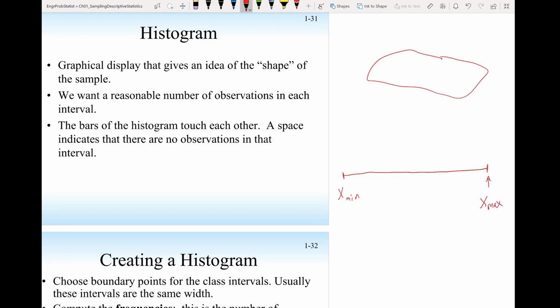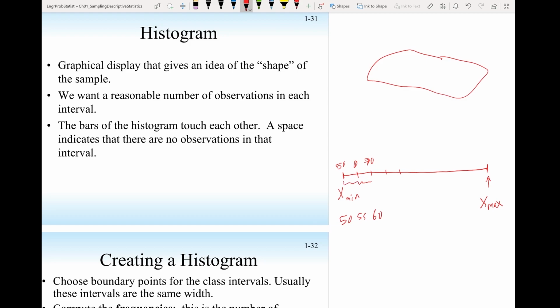Now, the next challenge is how do you divide this axis? Let's say the smallest data point is 50. Do I make this 60, 70, so each interval is worth 10 points? Or do I make it 50, 55, 60, so each interval is worth 5 points?